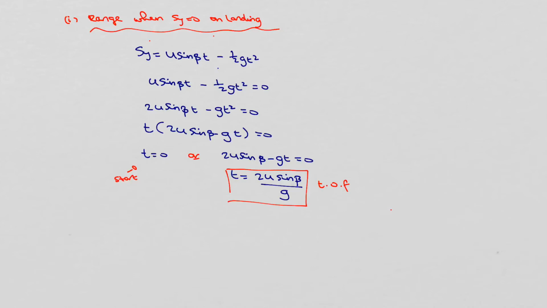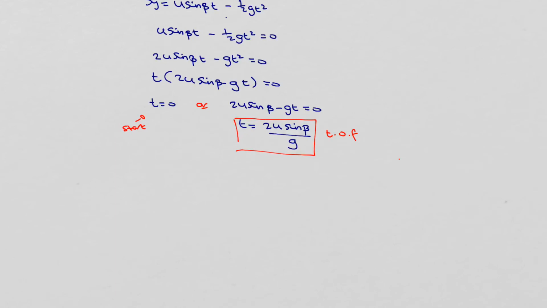So now we know our time of flight, we can easily work out our range, because we know our range is S of x when t is equal to 2u sine beta over g. And we know that our S of x is equal to u cos beta t.